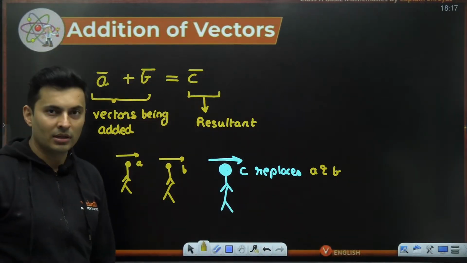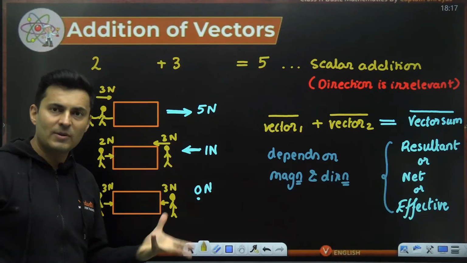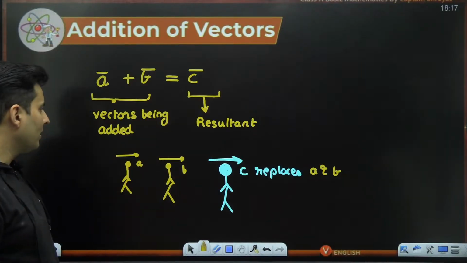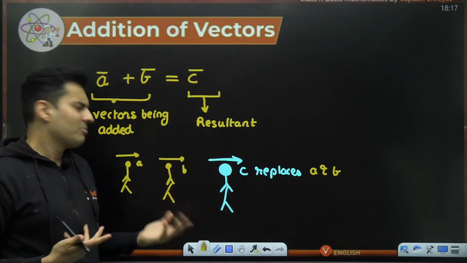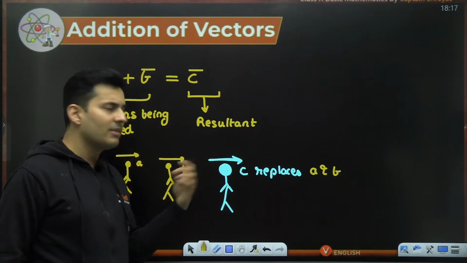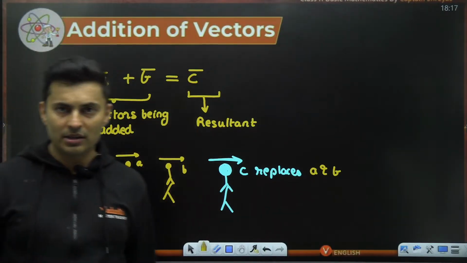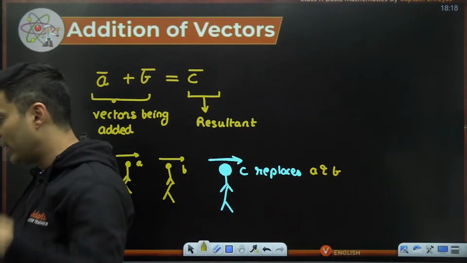It is the effective thing. So you give me 2 kgs and then give me 3 kgs is the same as giving me totally 5 kgs. Same thing over here. You giving me two people who are applying A and B force or whatever vectors is the same as giving me one thing with a value of C with the same effective direction. Is this absolutely clear? Everyone, give me a thumbs up, then we'll go ahead.